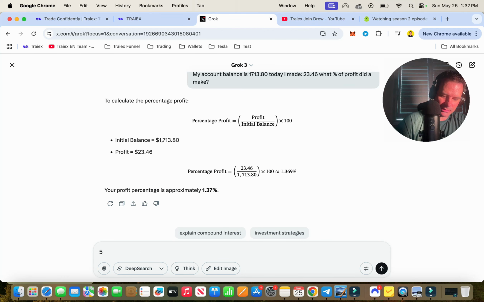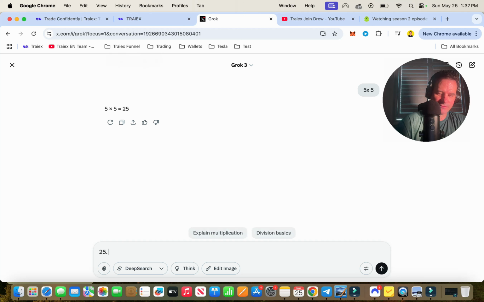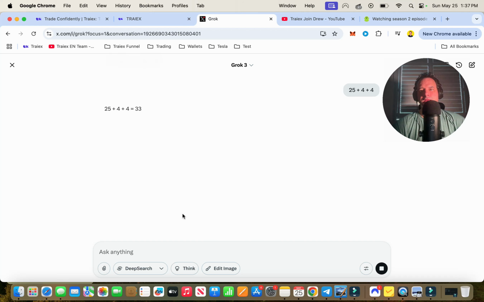So this could be a low trading day, and this would be yesterday's trading. So 5 times 5 is 25. And then 25 plus 4, is not 25 point. There you go. Okay. And then this is it here.